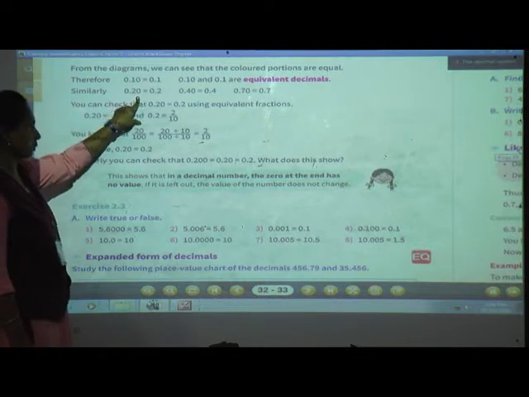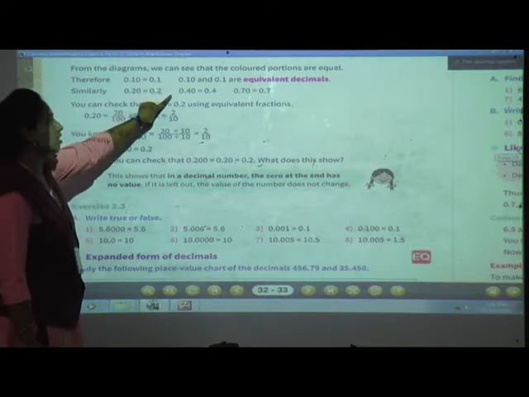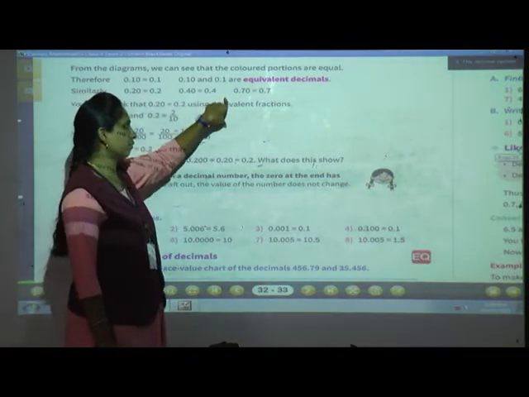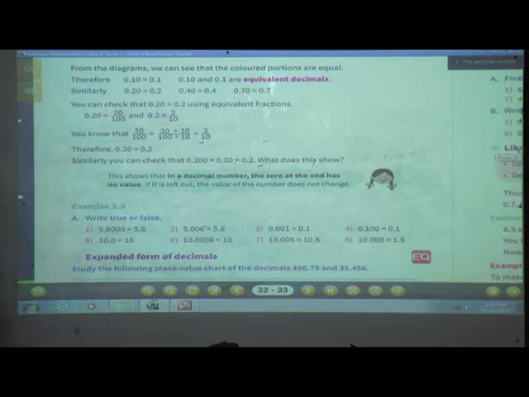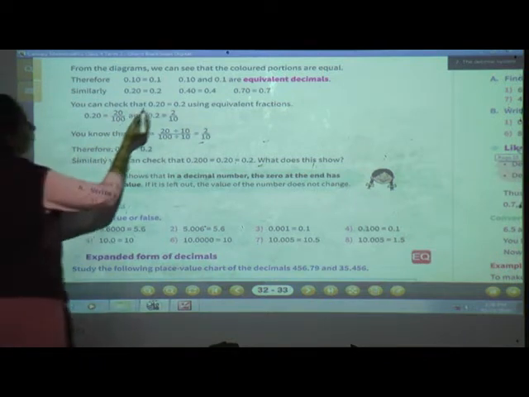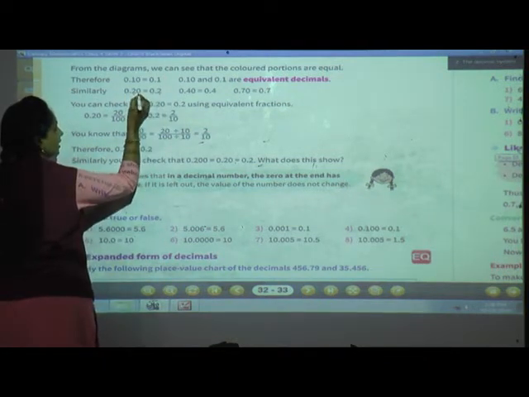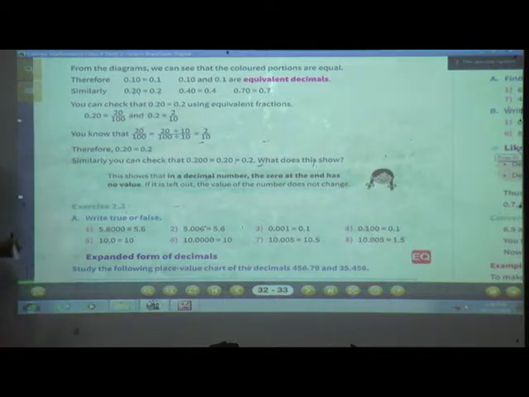Similarly 0.20 and 0.2, 0.40 and 0.4, 0.70 and 0.7, they are equal. Can you observe here? See, after the digit just 0 is added. So after the decimal, after any digit, if 0 is added, the value will not change. They are the same. They are equivalent decimals.